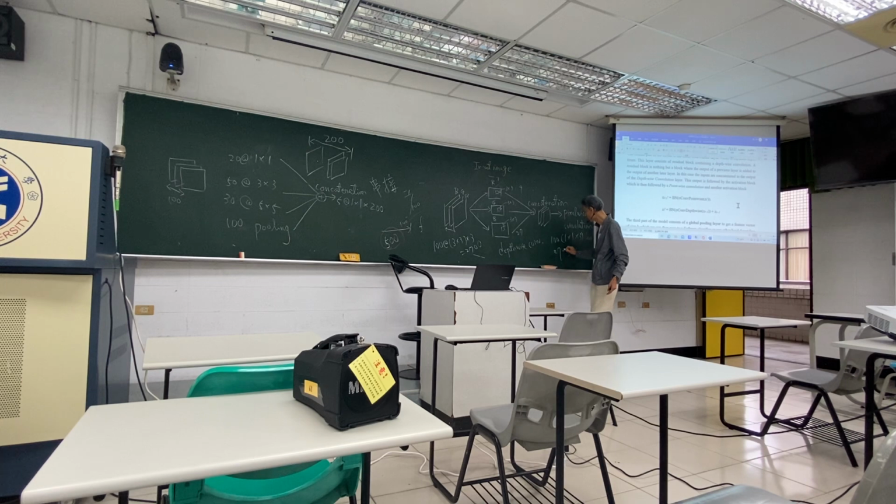Now, the number of parameters is only 27 plus 300. But for the standard convolution, you need up to 2,700 parameters just for this convolution. That's the idea. But the result won't be the same. It just tries to reduce the computation time.